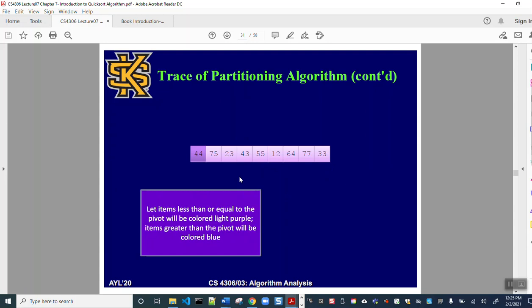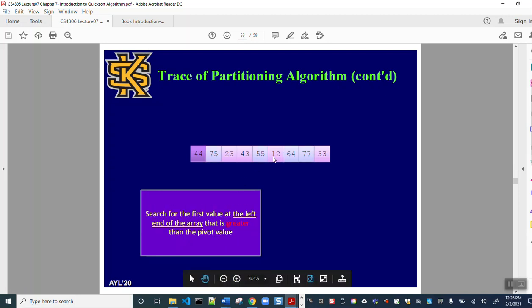so let items less than or equal to the pivot be colored purple. So the purple color is the pivot element. Okay, and items greater than the pivot element will be blue.